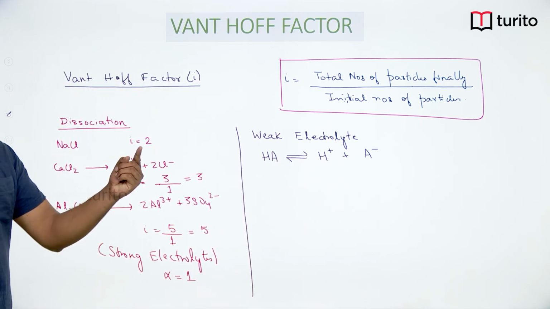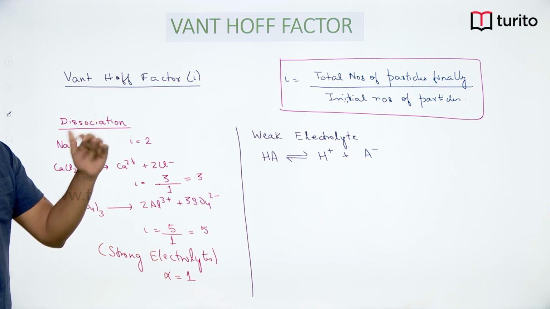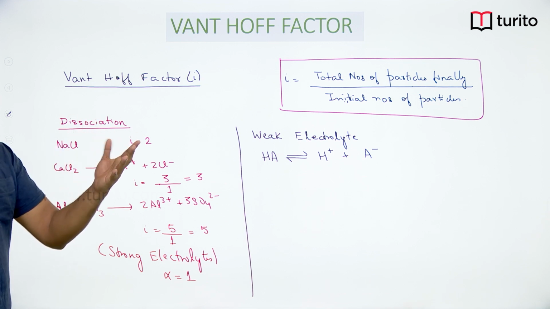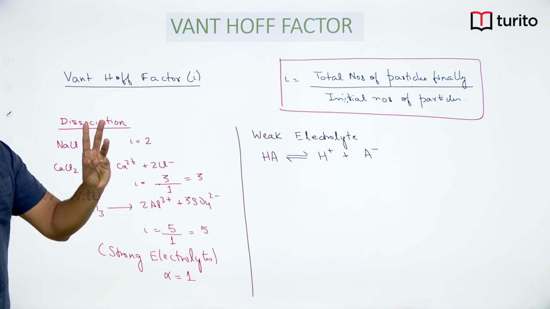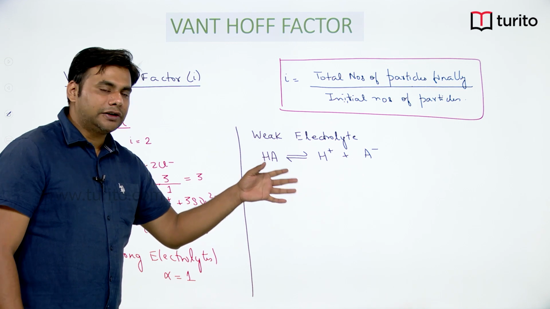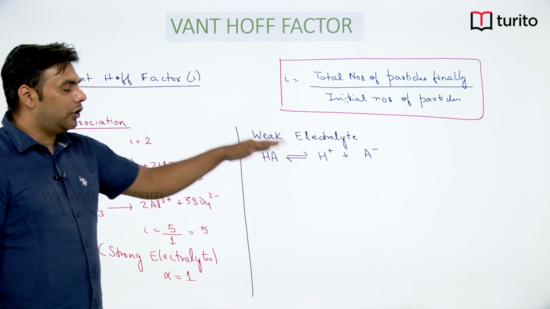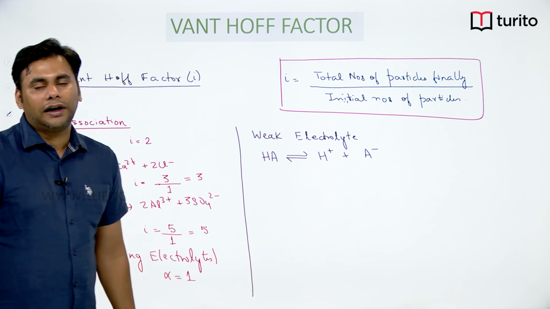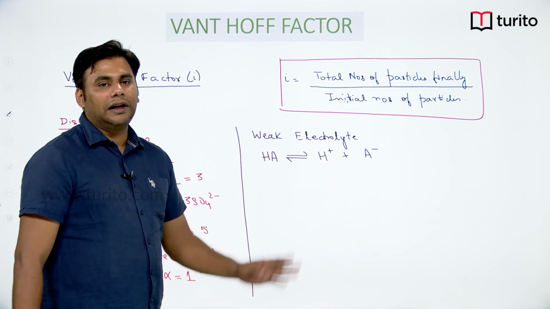Initially we added only one particle HA, but it broke into H+ and A-, and there was an equilibrium. So right now there are 3 kinds of particles present in the solution: HA, H+ and A-. Because they are not completely ionized, we cannot write the Van't Hoff factor as 3, because it has not completely dissociated.